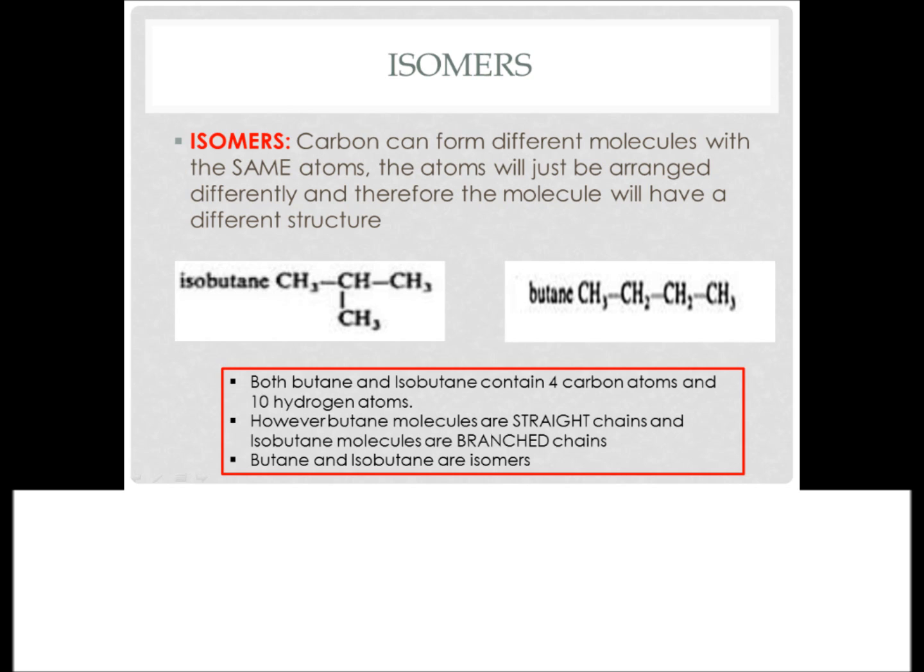Because both of them contain the same atoms. If you take a look, both contain exactly 4 carbon atoms and 10 hydrogen atoms. However, the difference between the two is that they have different structures. Butane is a straight chain, however, isobutane is a branched chain. So butane and isobutane are known to be isomers of one another.